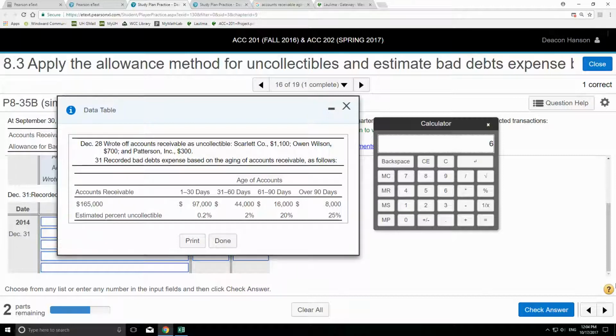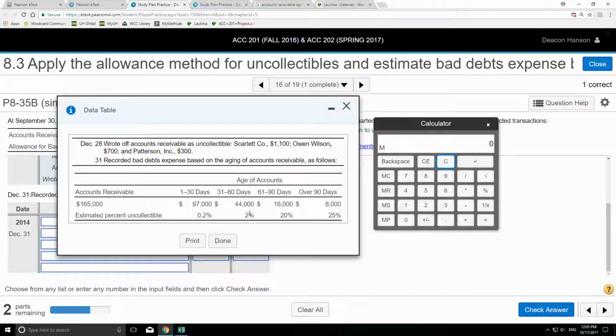So that's 97,000 times 2%, 0.02. So that's going to be 1940. And I'll just put that into my memory, right? Memory plus M+. Did I go 0? Oh, yeah, you're right. Good catch. Memory clear. Okay. 0.2% is going to be 0.002. So instead of just 0.02, we got to go 0.002 times 97,000. Okay. We'll put that into memory.